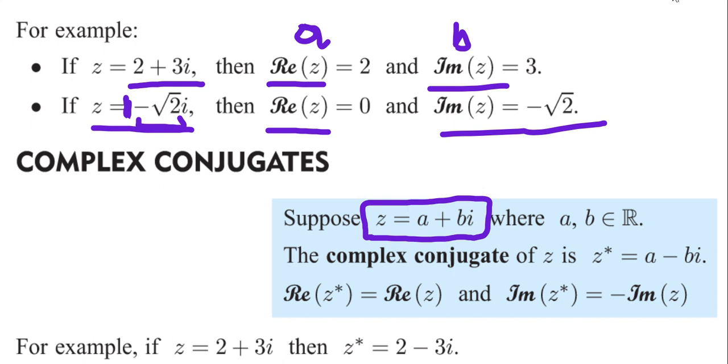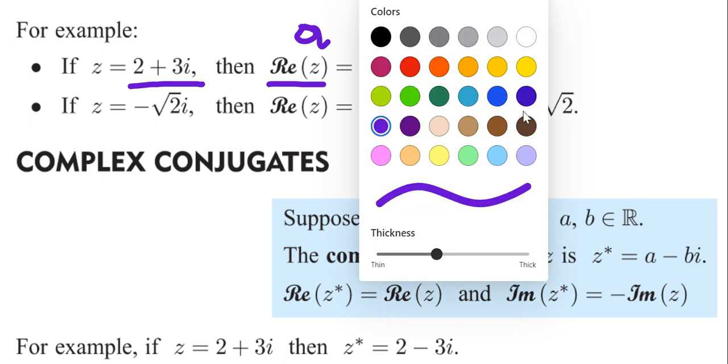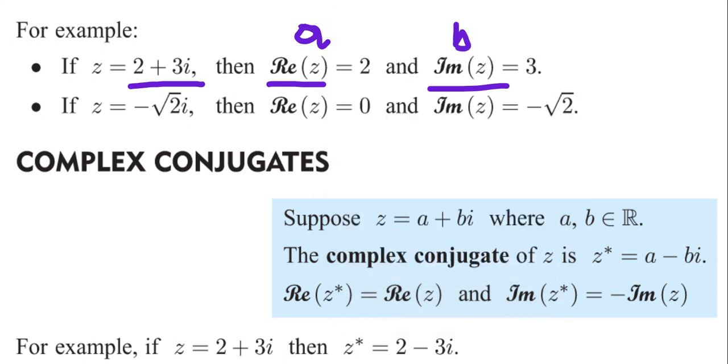Now let's look at the complex conjugate. This is really important to look at for sure. Complex conjugate means, I would say, the opposite in that sense.